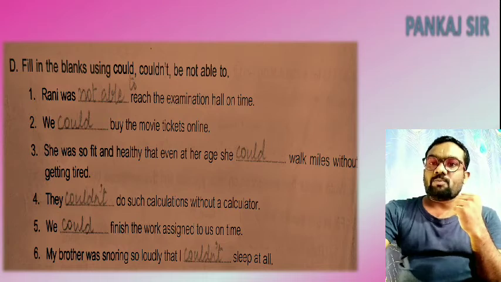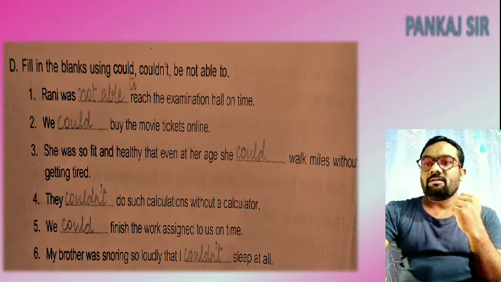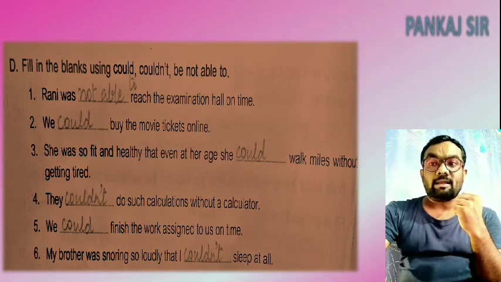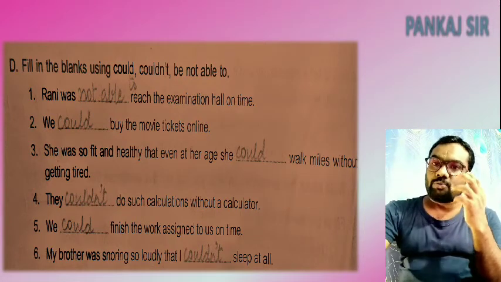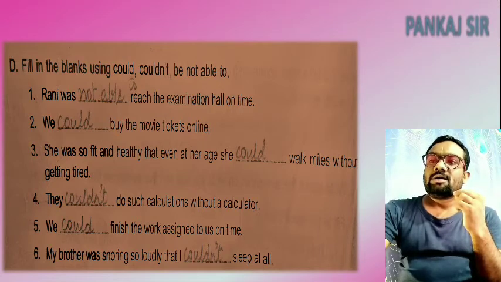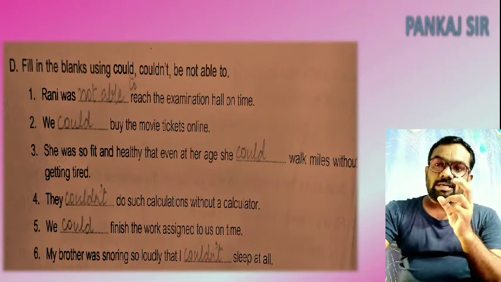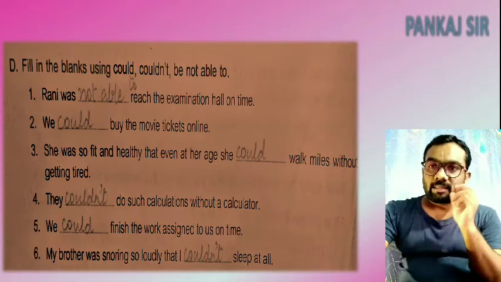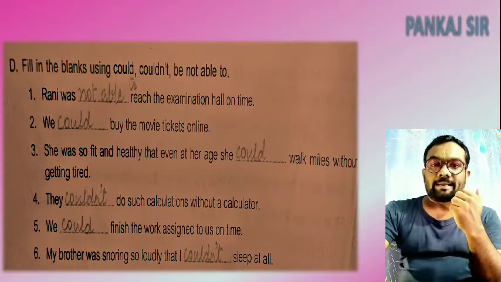Next, she was so fit and healthy that even at her age she could walk miles without getting tired. It is the strength, "could" will come. They cannot do such calculations without a calculator. Here a negative thing is given, so cannot do the calculation without a calculator.